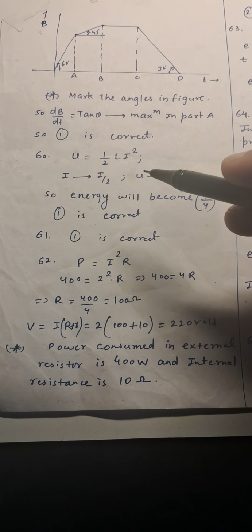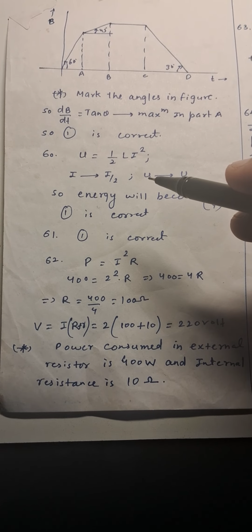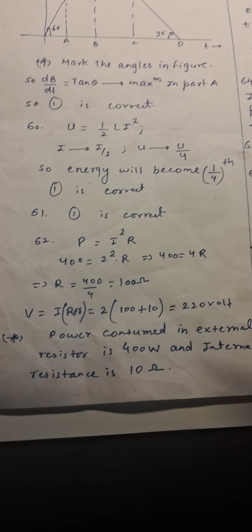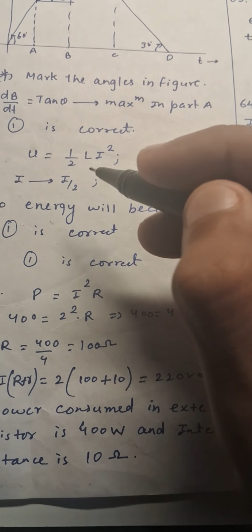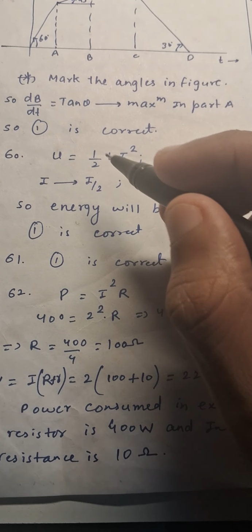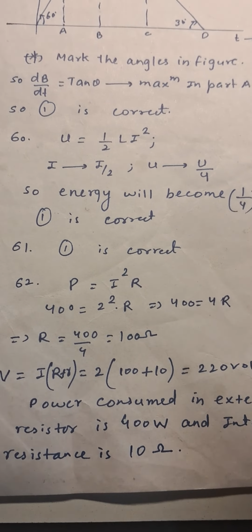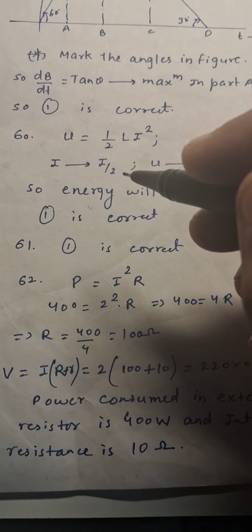In the next question we need to analyze the magnetic potential energy stored in an inductor. We know that the expression for the magnetic potential energy in an inductor is half L I square, where L is the self-inductance of the circuit and I is the current flowing in the circuit.